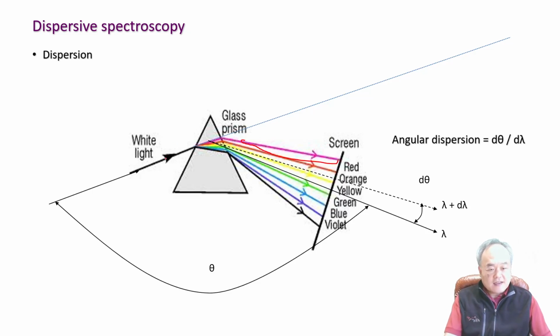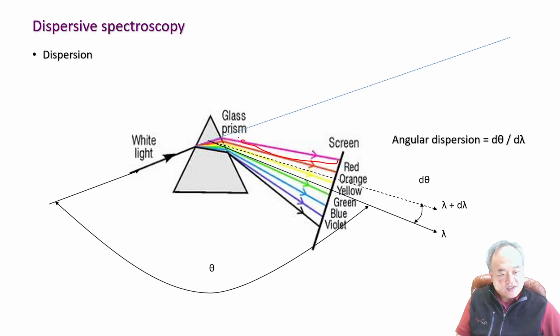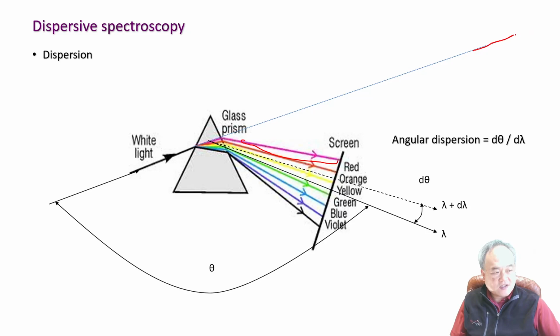Compared to the incident angle, if there is no dispersive element, all this light, regardless of their wavelengths, falls onto the same location. Imagine that we set up a screen here.